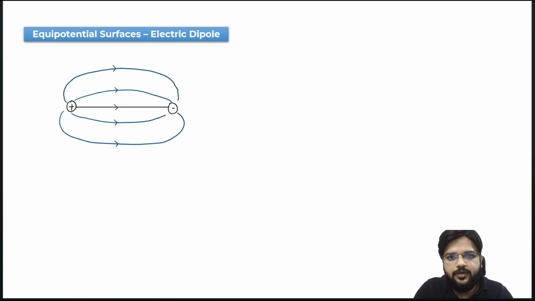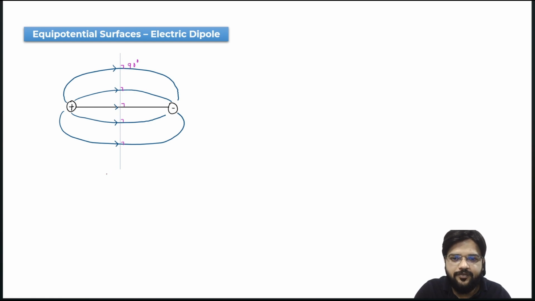So if you want the equipotential surface here, draw one plane, everyone, and we can see it here. This plane is intersecting this electric field line at 90°. So the angle between the field and this plane is how much? It is 90°. So this is what?